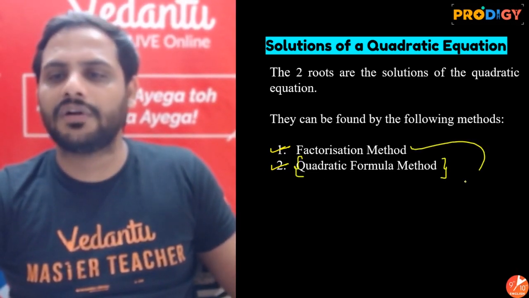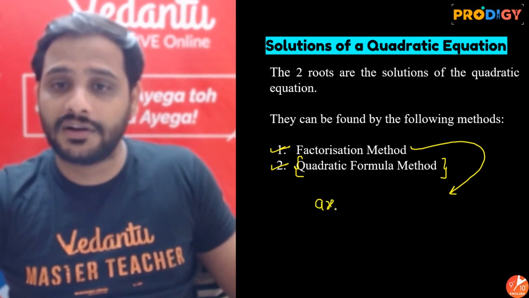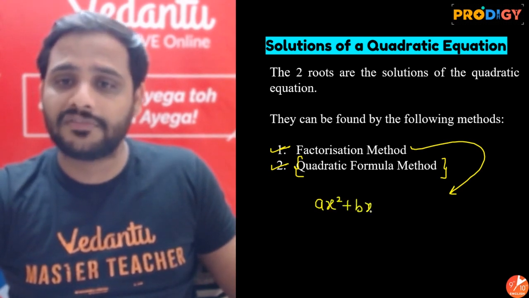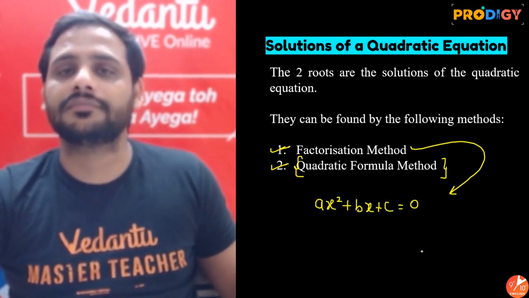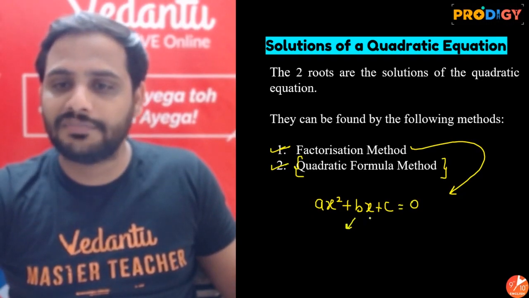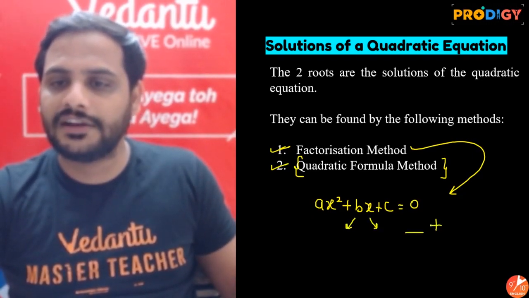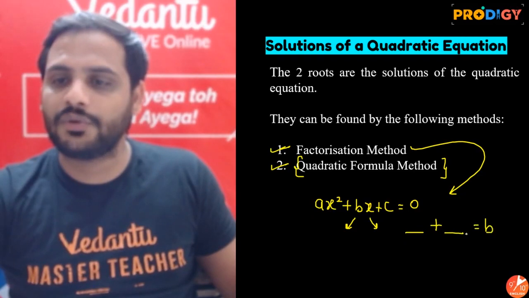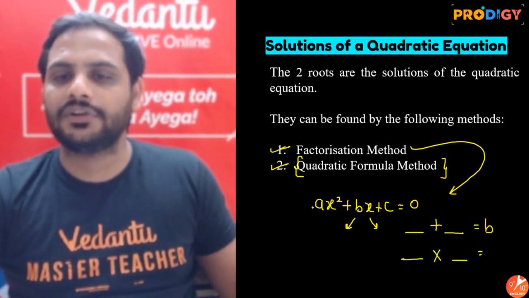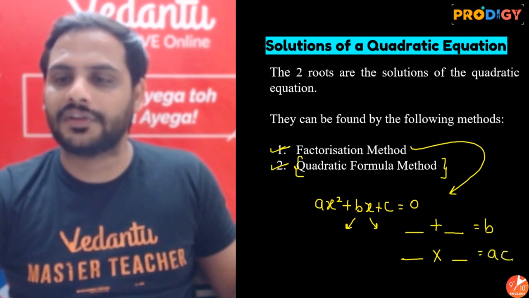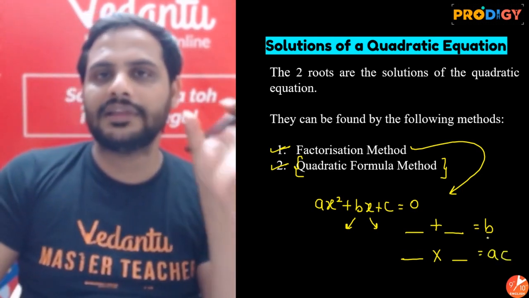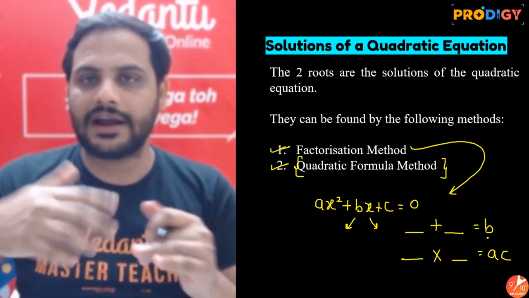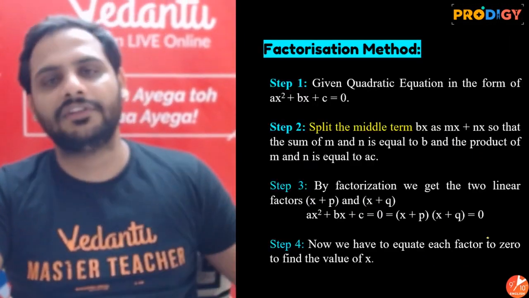In the factorization method, we are already familiar that if I have a quadratic equation ax square plus bx plus c equal to 0, I need to split this middle term in such a way that I need two numbers whose addition is equal to b, the coefficient of x, and whose multiplication is equal to a into c. Once I do the splitting, I start taking common, and that is how I will solve this.